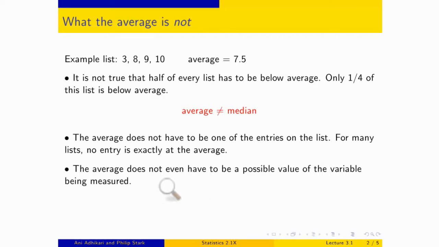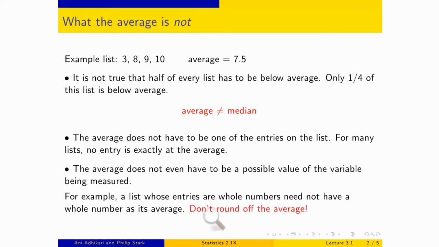I know you're all shouting at the screen, going, you can't have 7.5 monkeys. I completely agree. You're right. So what you're learning is the average is not a number of monkeys. It's not a possible number of monkeys, and you must not round it off.